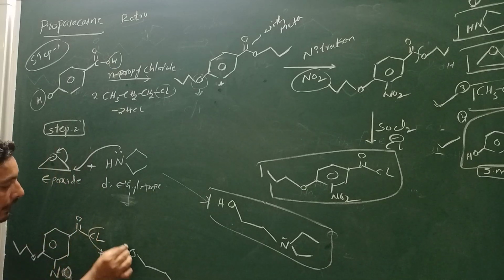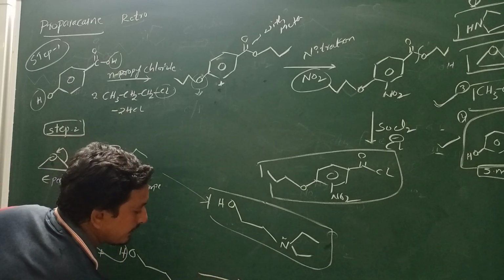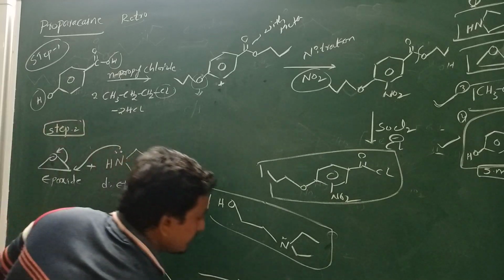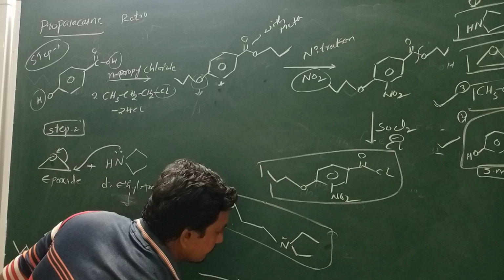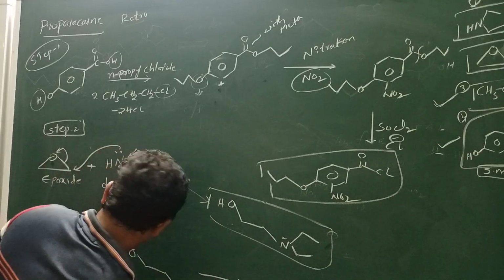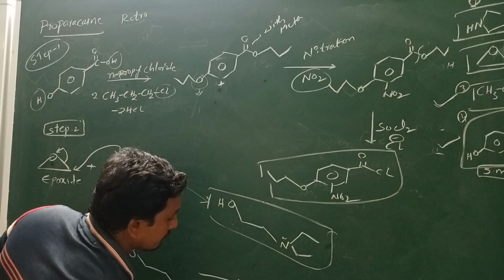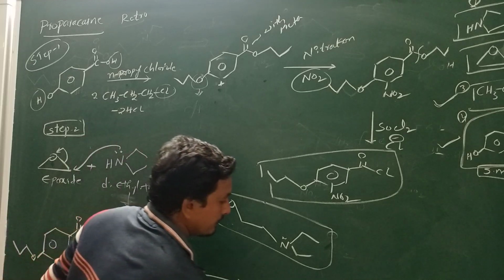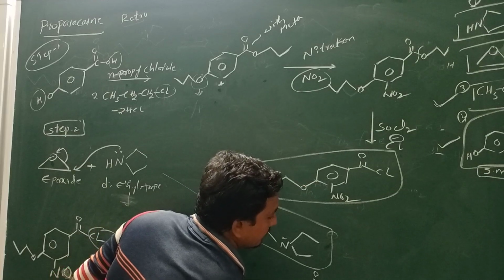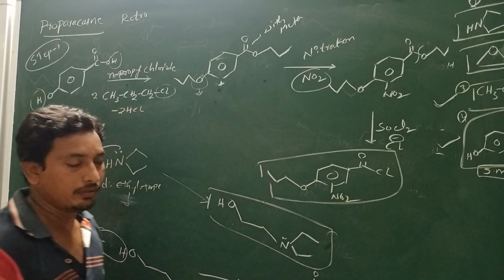Here chlorine and hydrogen are removed as minus HCl. The product molecule is NO2, like this, C double bond O, then the diethyl amine part.